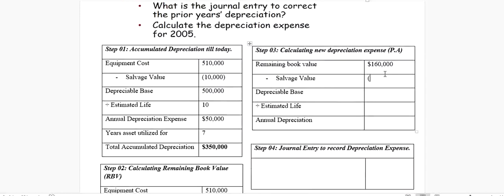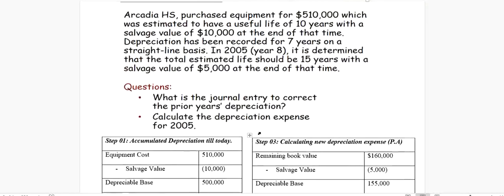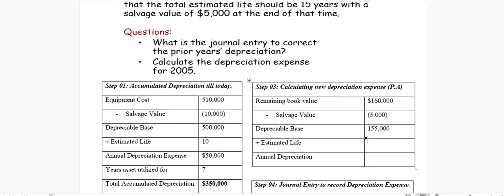So I'm going to subtract this $5,000 from that book value. $160,000 minus 5,000 gives me $155,000. Now the total life is 15 years, while 7 years are gone. So 15 minus 7, how many years are remaining now? 8 years are still remaining.